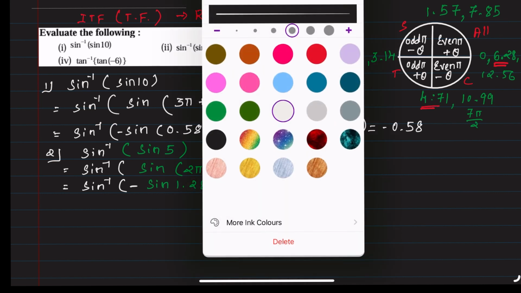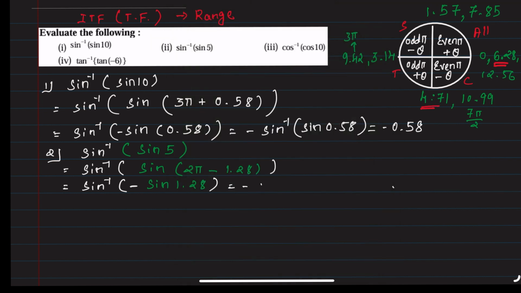Again, sine inverse minus means minus sine inverse sine 1.28. 1.28 is less than 1.57. So this is minus 1.28, our answer.